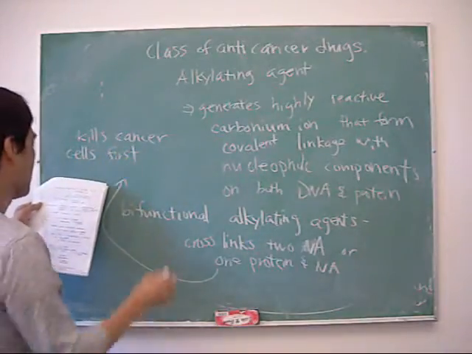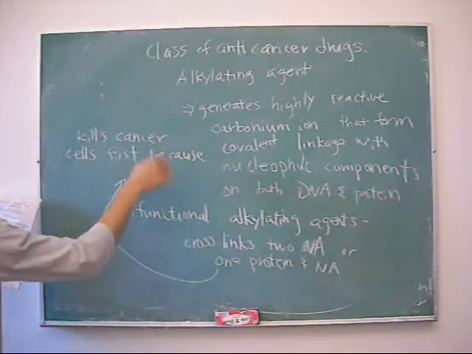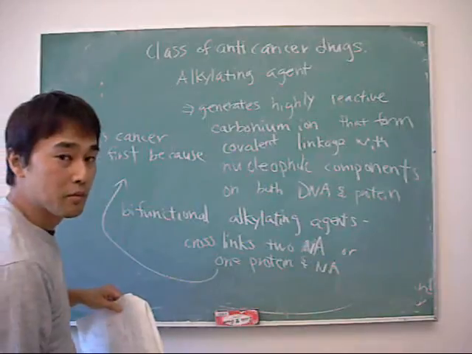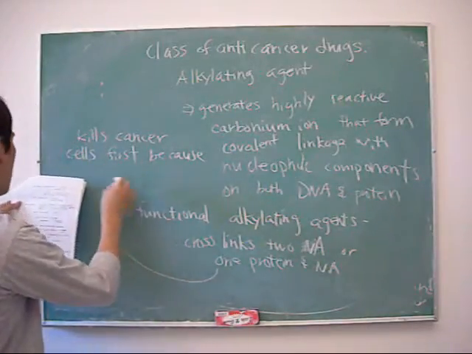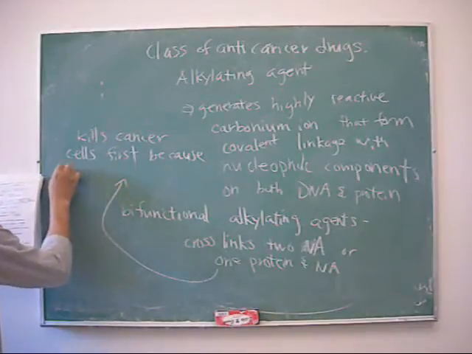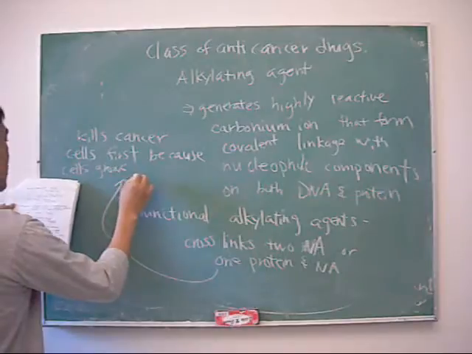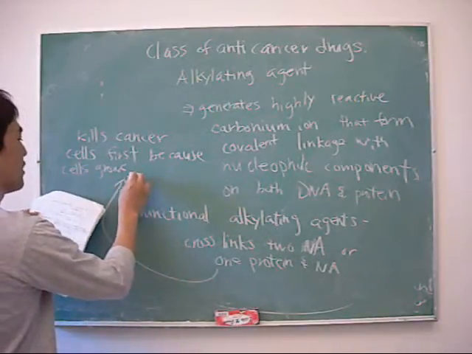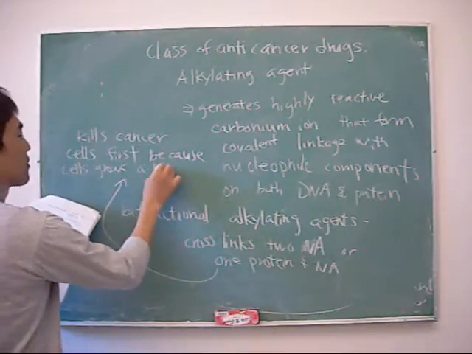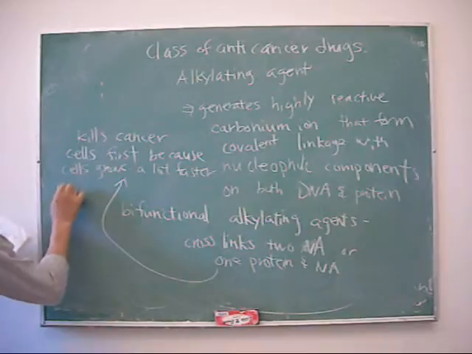These reagents, again, kill normal cells. Keep that in mind. They're cytotoxic drugs. They kill cancer cells first because these cancer cells grow a lot faster than normal cells.